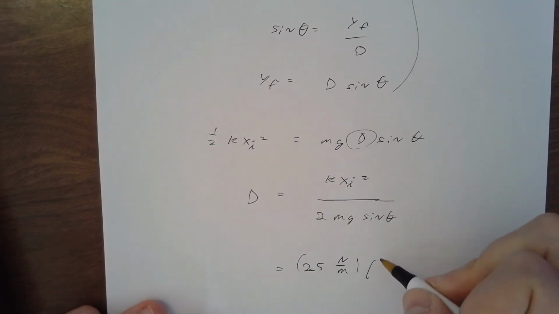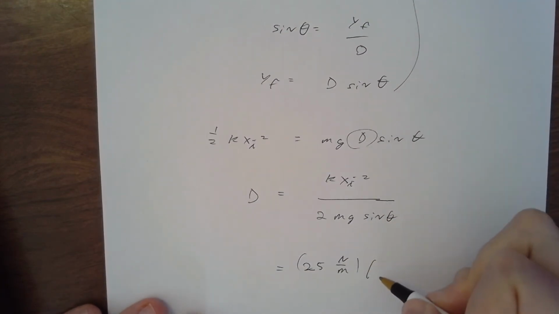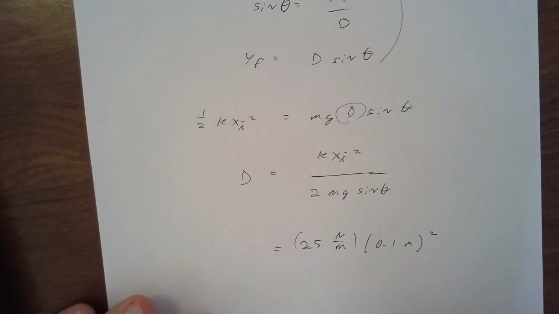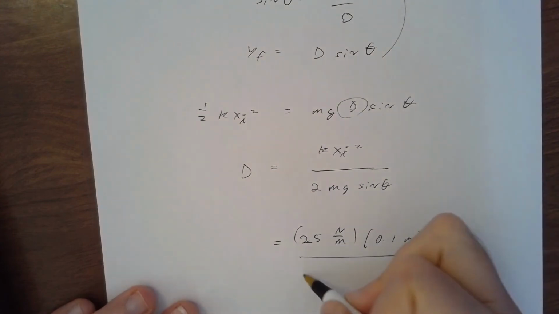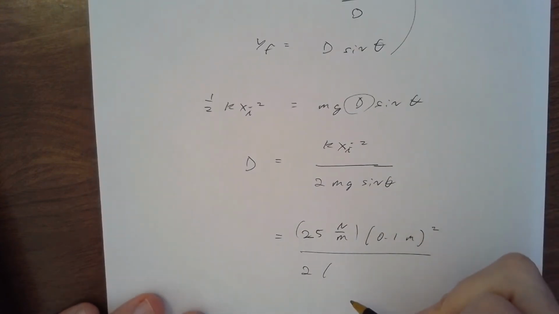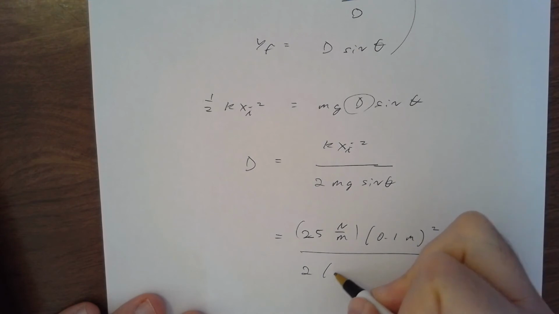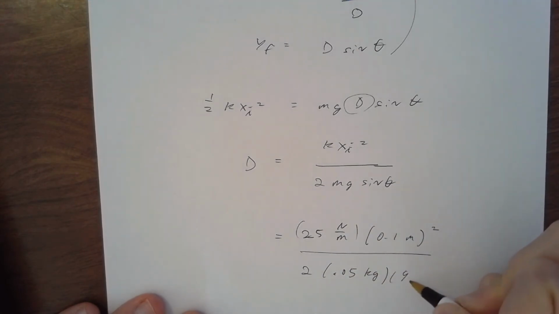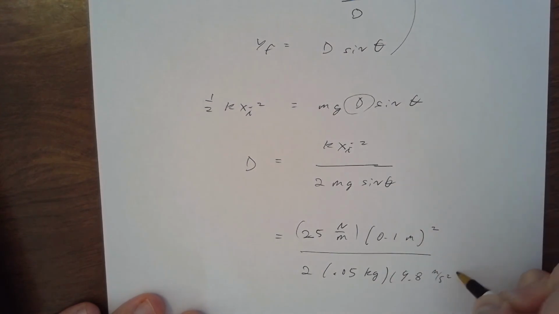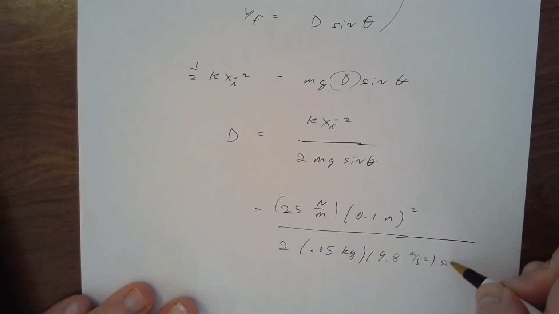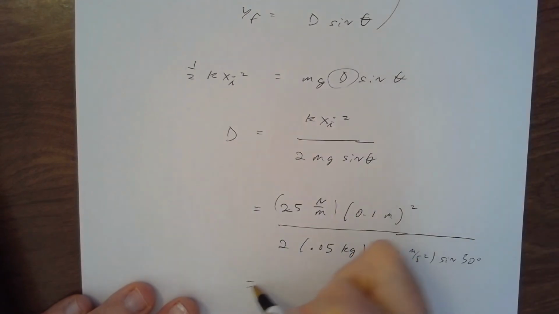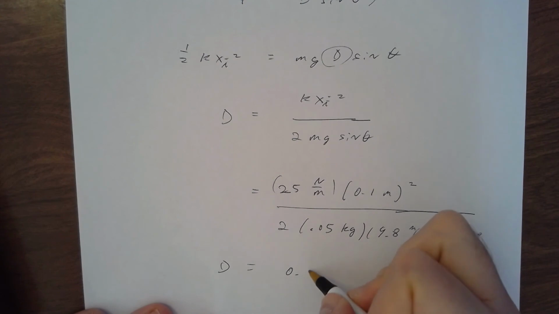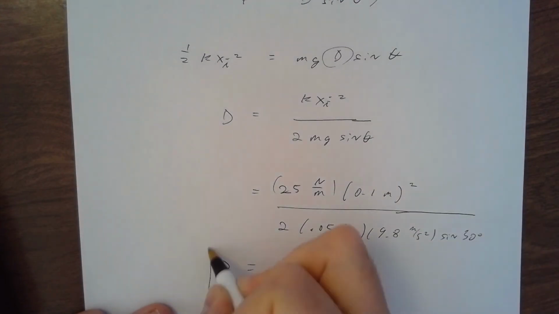The initial distance the spring was compressed was 10 centimeters, which is 0.1 meters, and I've got to square that. Divide by 2 times the mass of the ice cube, which was 50 grams, or 0.05 kilograms, times little g, which is 9.8 meters per second squared, and the sine of 30 degrees. If I put all of those into my calculator, I find that d is 0.51 meters.